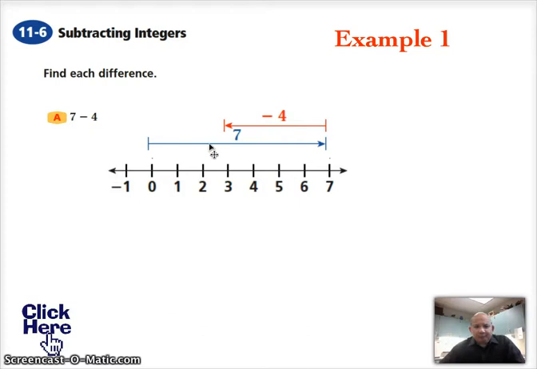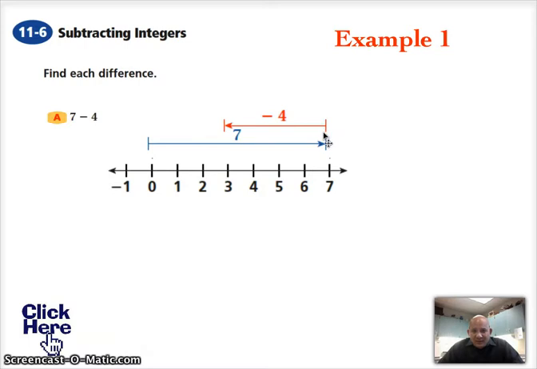Alright, here we have 7 subtract 4. This is a problem that we're very familiar with because up until this point we've only subtracted positive whole numbers. Here we have 7. We go up 7. Then we subtract 4.